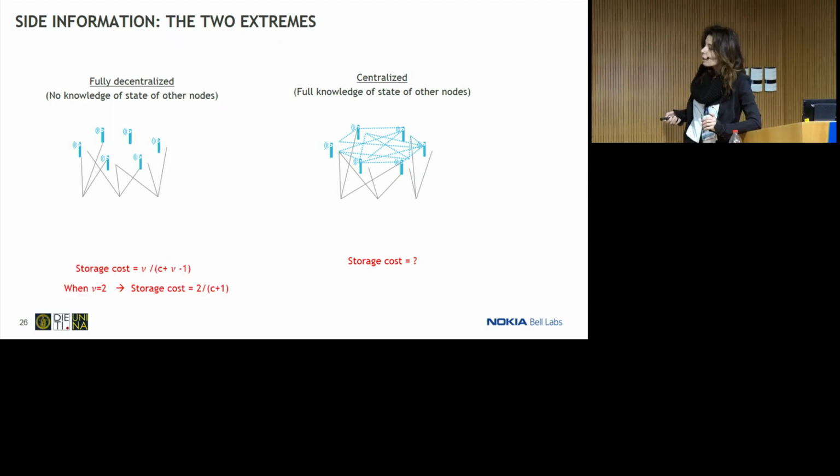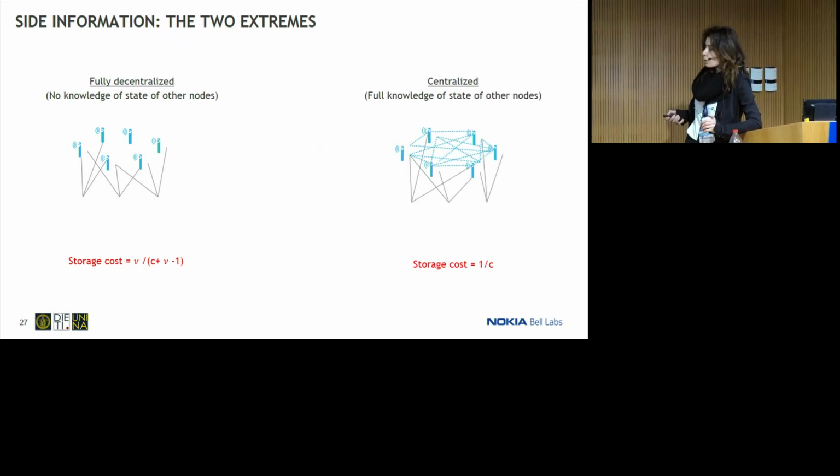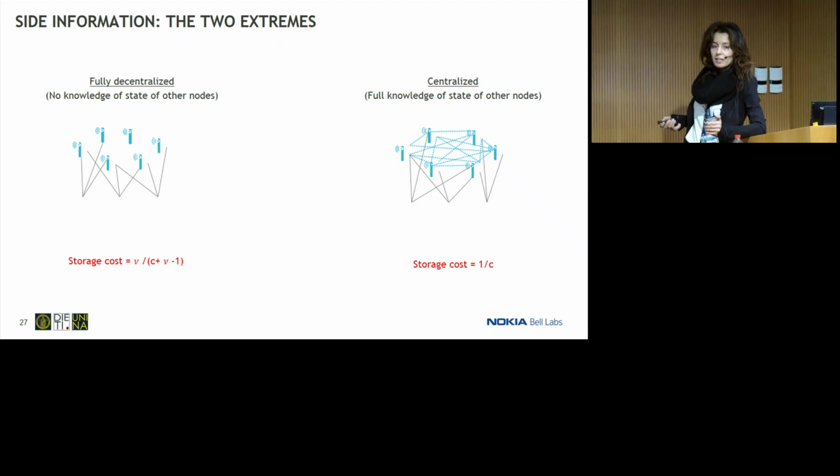Servers do not communicate. In this case, the storage cost is what we introduced before, which grows with the number of versions. The other extreme case is the fully centralized case. Each server knows the state of all the other servers. In this case, obviously, the storage cost is 1/c, like in the static case.